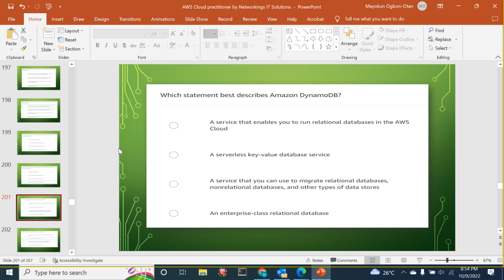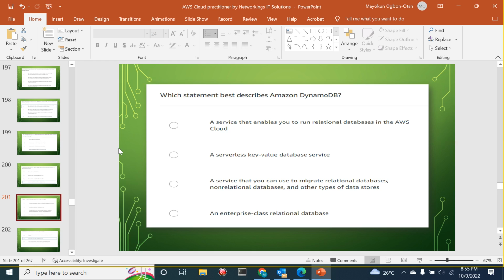They said the first thing, a service that enables you to run relational database. That one automatically is wrong, right? Because DynamoDB is a non-relational database. It's a serverless key value database service, which is true. Number one is serverless and it's non-relational.